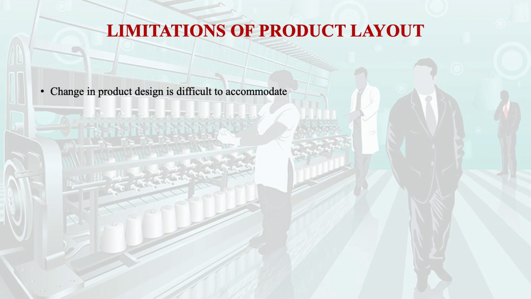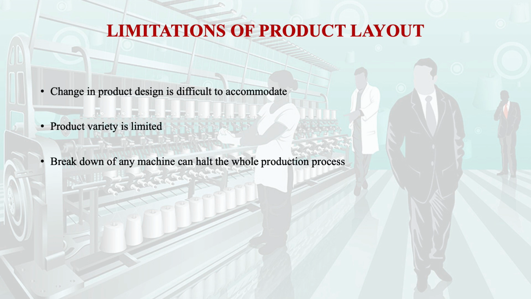We cannot go for a variety of products because we have a sequence of machines which is already fixed in the organization. Now, if there is a breakdown, the whole sequence will be disturbed and we have to stop the process of making the product.